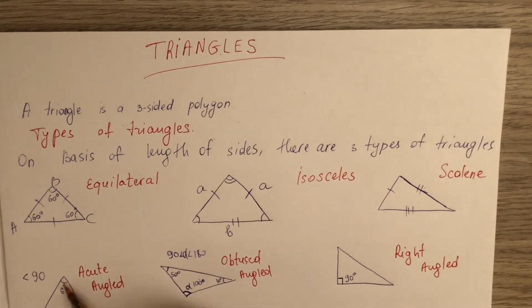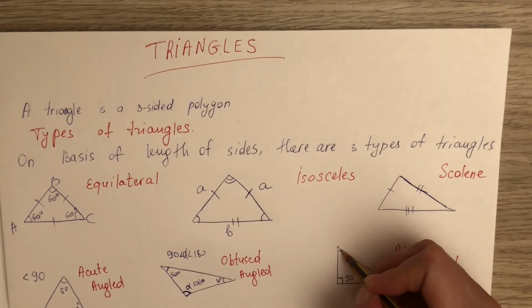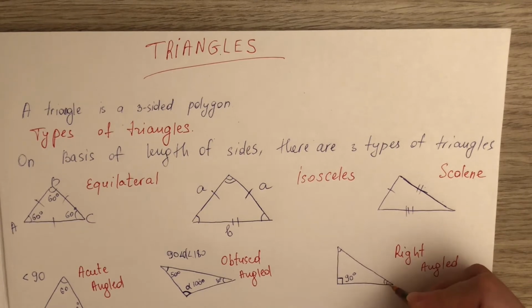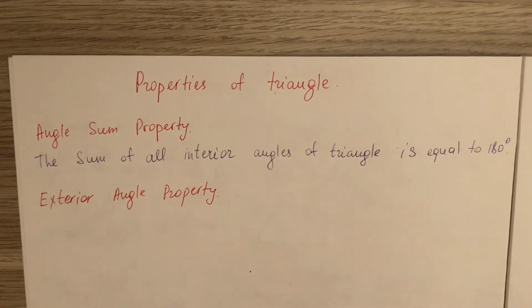As you see, all these three angles are less than 90, so this is called acute angled triangle. And here, if the degree of this angle is 90, the degrees of these two angles should also sum to 90. Let's continue with the properties of triangle.